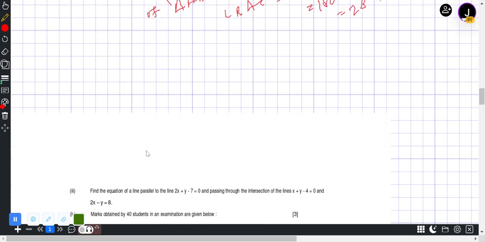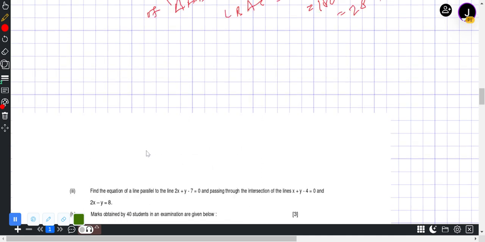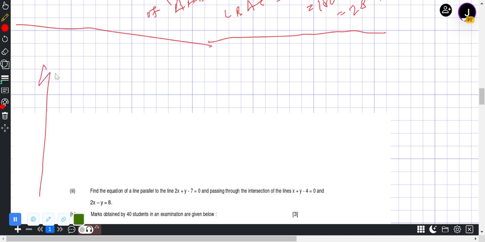The next question is to find the equation of a line parallel to the line 2x plus y minus 7 is equal to 0.